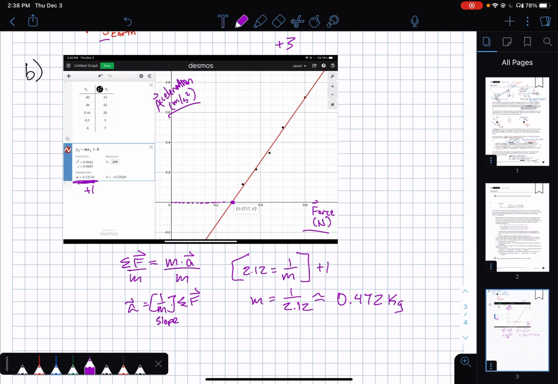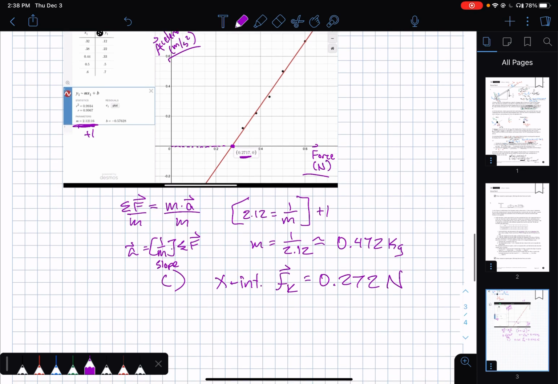So you're applying, it looks like about 0.27 newtons of force before you actually get any acceleration. So this is part C, that x-intercept is your frictional force, Fk. And so that is 0.272 is what I would do for 3 sig figs, newtons.